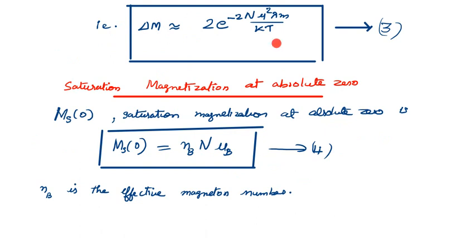That is given by this equation number 3. Variation with temperature, magnetization deviation with respect to temperature.